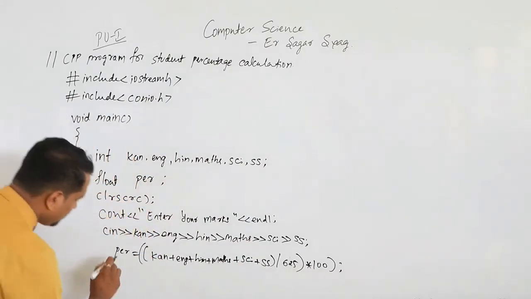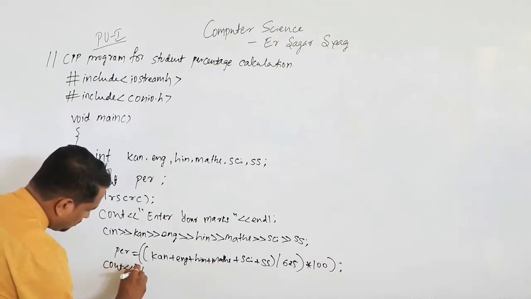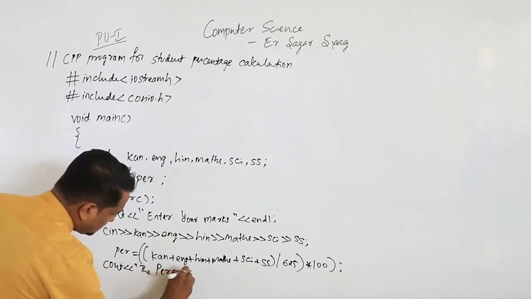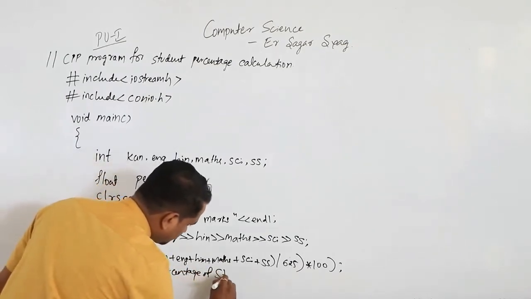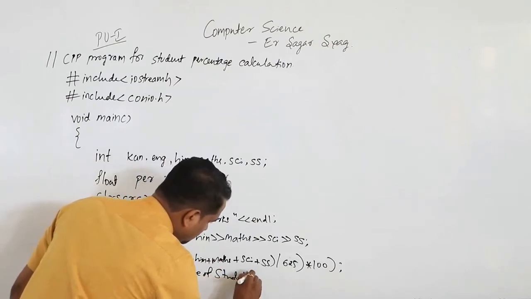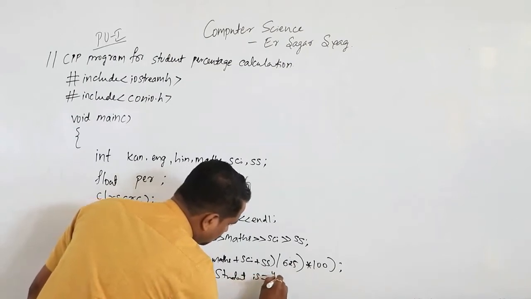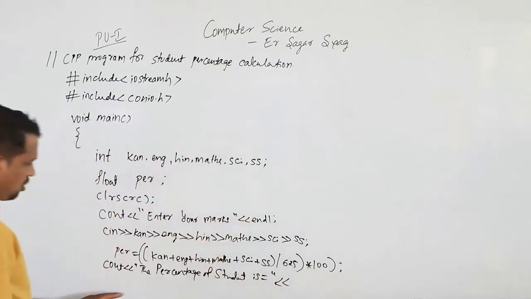Next, the last statement, cout, the percentage of a student is equals to, comma, so is equals to, no comma.